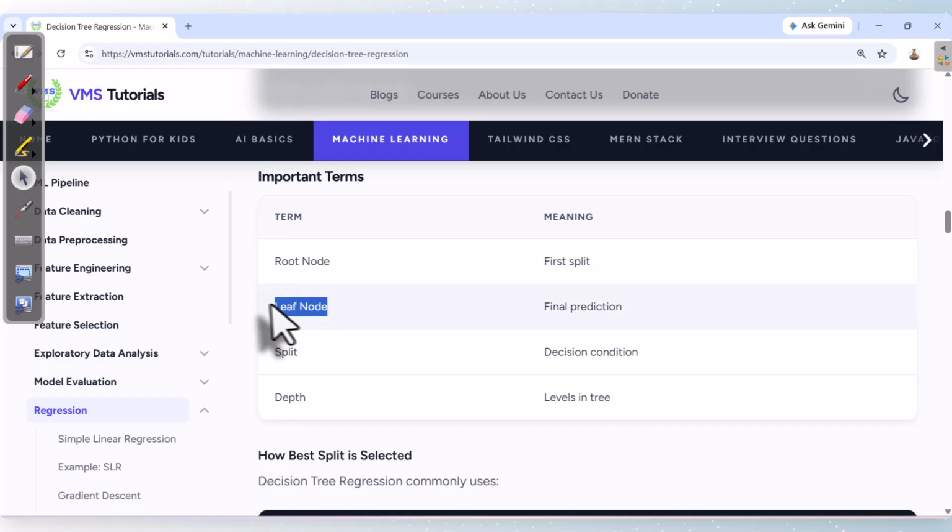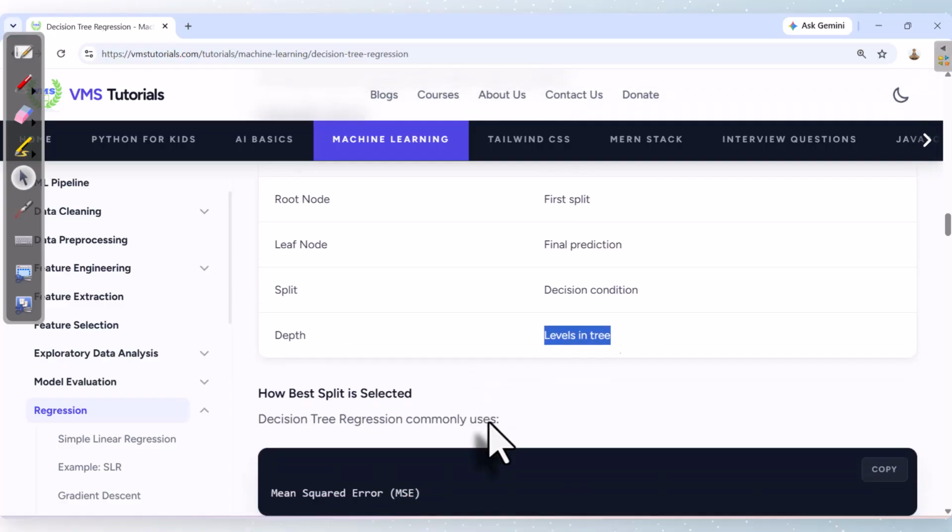Then we have a leaf node, that is a final prediction. A split is nothing but the decision condition. I have given experience less than 3.5, that is nothing but a split. And depth indicates how many levels are in the tree.